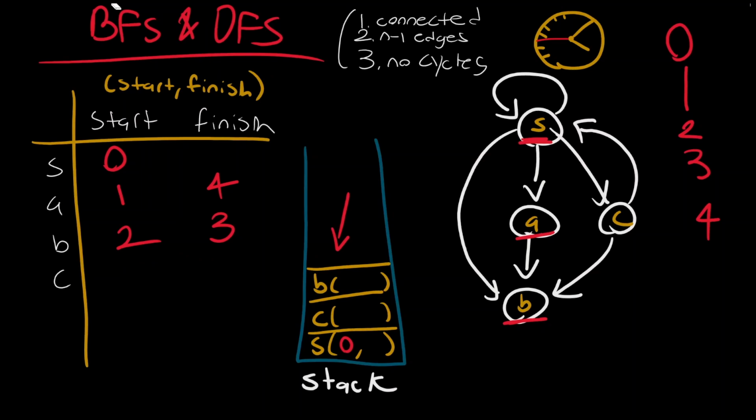Now, all the entries we've added so far are tree edges. So everything that ends up on this table, on our left here, is a tree edge. It's part of our tree edges we have going on here. Let me draw them real quick. So this is a tree edge, this is a tree edge. That's what we've discovered so far.